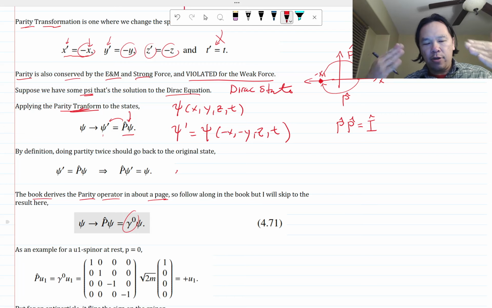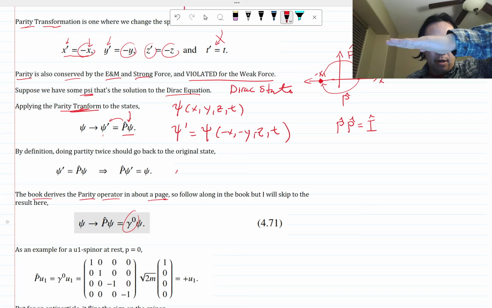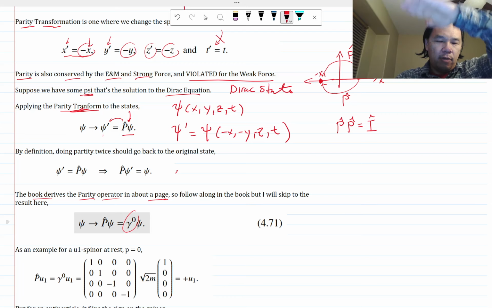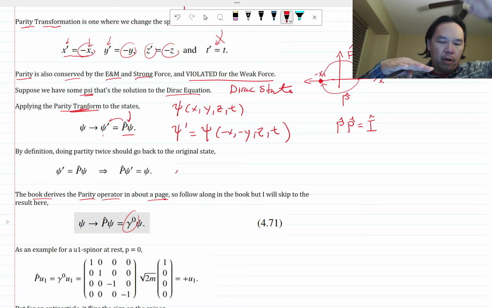The strategy is usually this: if I have the original state, which is a solution to the Dirac equation, and I flip all the coordinates, x to negative x, y to negative y, z to negative z, how is that state described? Then we work through this parity operation, changing all the coordinates, and see what comes out.